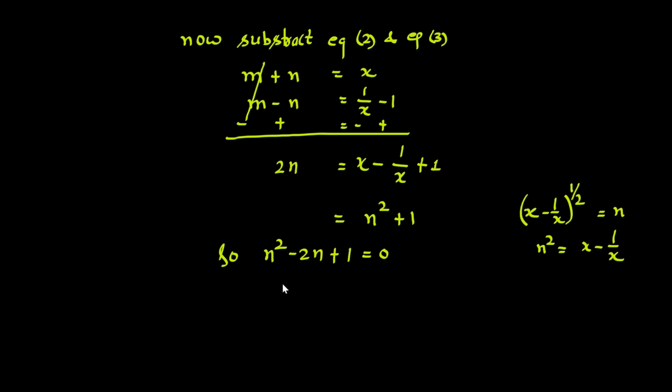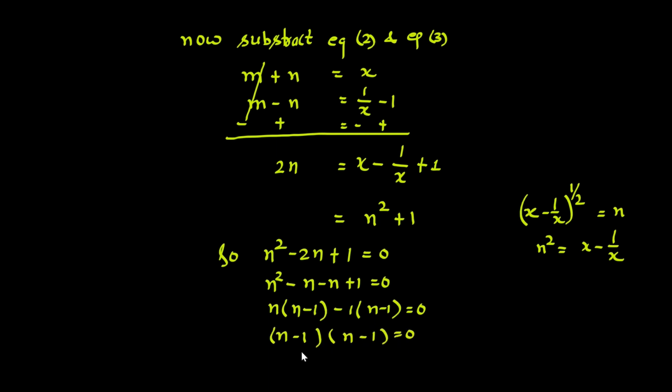Now by using the middle-term splitting method, we can write n² − n − n + 1 is equal to 0. Now we can take the common n − 1, because in these two terms n − 1 is the same, so we can take it outside as common. (n − 1)(n − 1) is equal to 0. From here, we can say n is equal to 1.